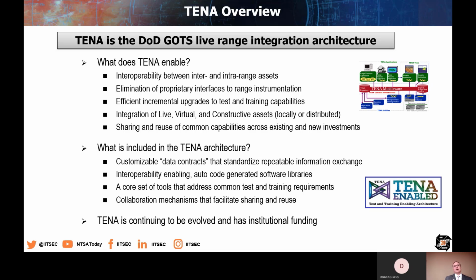And if we have a set of common object models, then having a set of tools that use those common object models that everybody can use free of charge was also part of the mandate of TINA. And then being able to do composition and reuse is a big forcing function and driving requirement of why TINA was developed. TINA is continuing to evolve, and it does have institutional government funding, so it'll be here for future needs.